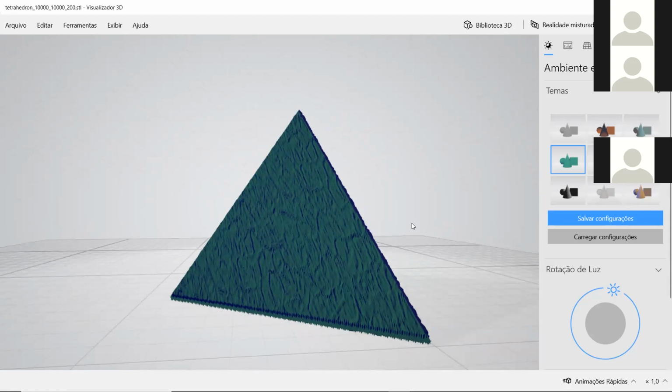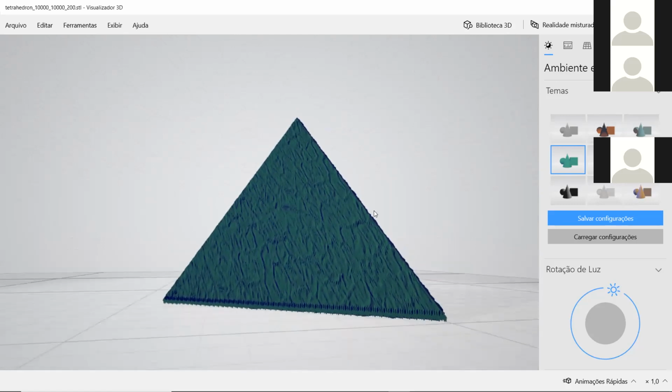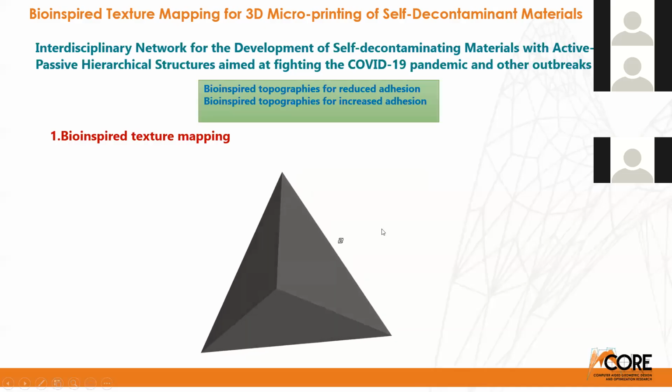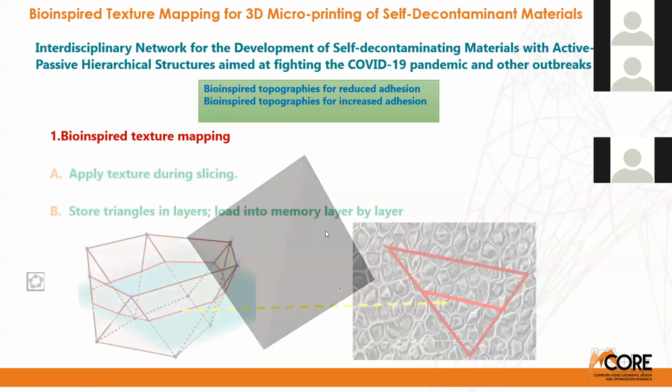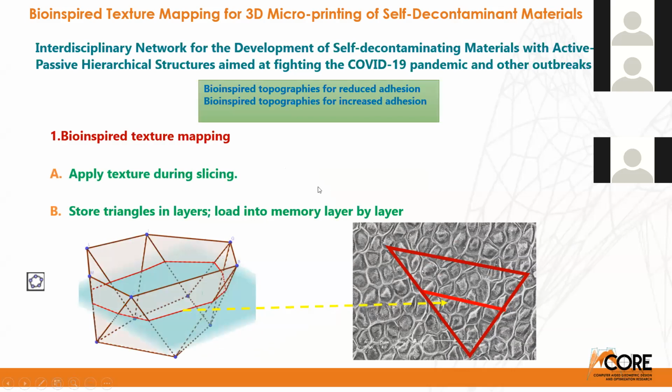So it's still a good idea to attempt this kind of texture mapping. But the problem is still a huge problem: how to work with an explosion of triangles.